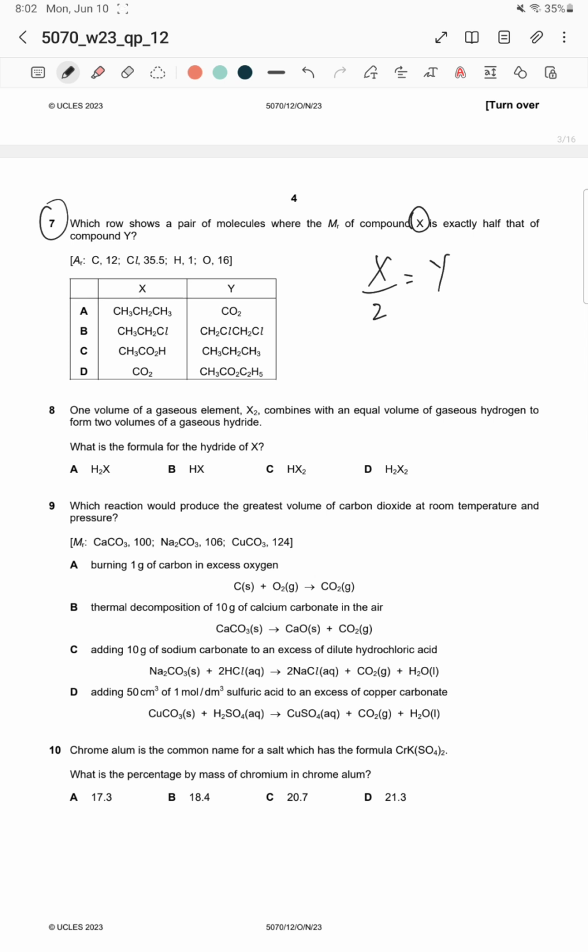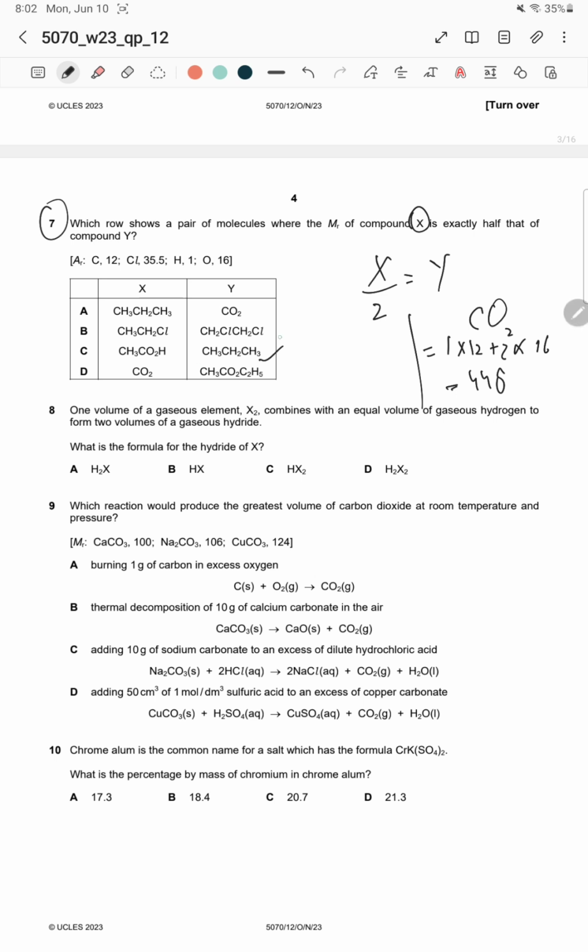You will calculate and see which one is the most suitable option for this question. You know how to calculate the MR of the compound. Like carbon dioxide, its MR is 44: 1 into 12 plus 2 into 16, this will be 44 grams. Similarly, you will calculate the MR for CH3CO2C2H5, that is ethyl ethanoate.